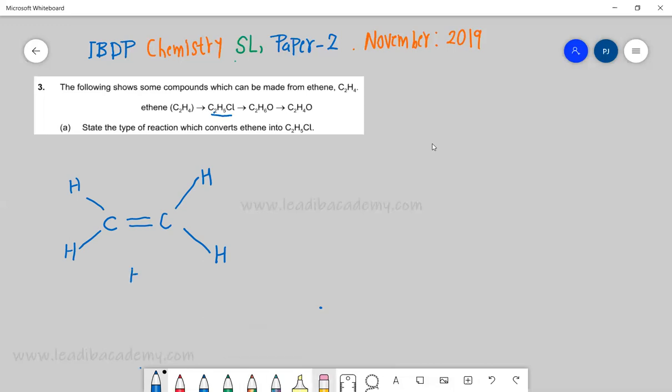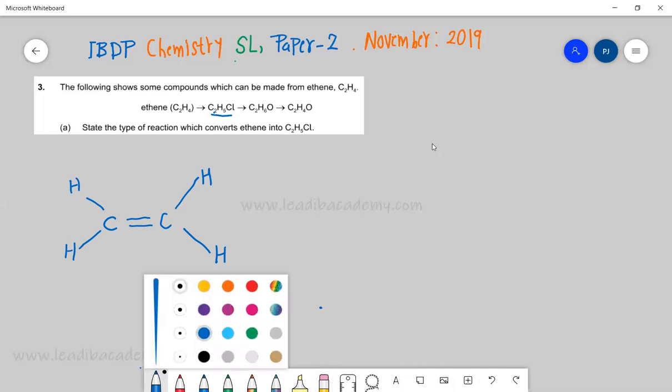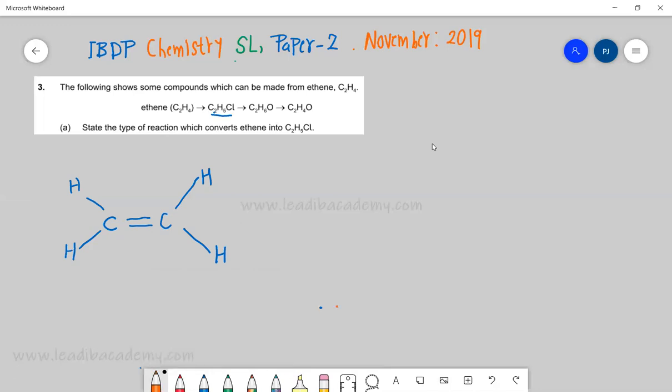Let me show the hydrogen chloride with a different color. We know there is slight polarity. It's a polar molecule, so there will be delta plus and delta minus. Now what happens in case of this ethene?